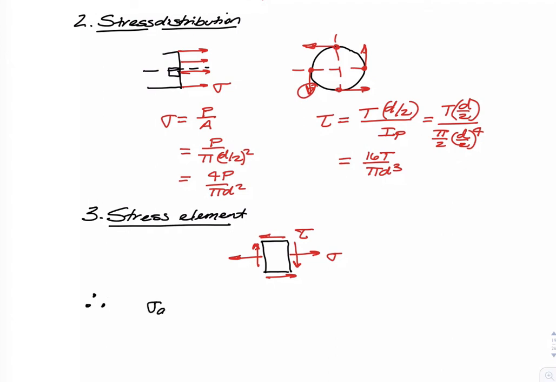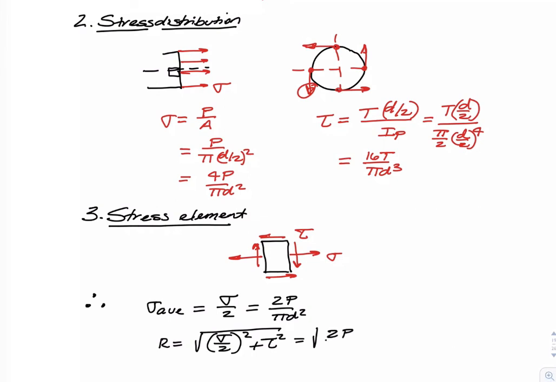We know that sigma average is one of the two things we need, so that's just sigma over 2, that's 2P over pi d squared. R is equal to the square root of sigma over 2 squared plus tau squared. So that's the square root of 2P over pi d squared, that quantity squared, plus tau, which is 16T divided by pi d cubed, all that quantity squared.